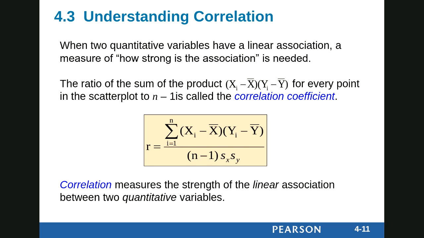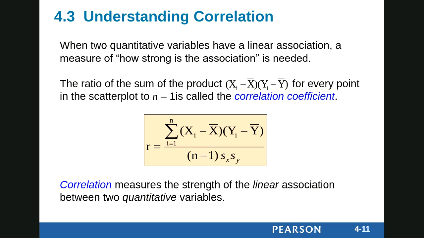Now here's the formula, and it looks really complicated, but it's not. The numerator is really the sum of a product, right? If I break it down, my product is this times this. I take every value of x, that's what the xi means, the first value of x, the second value of x, the third value of x, and subtract x bar from it.